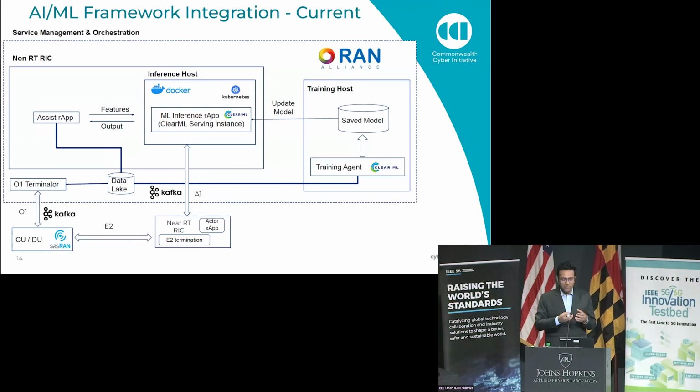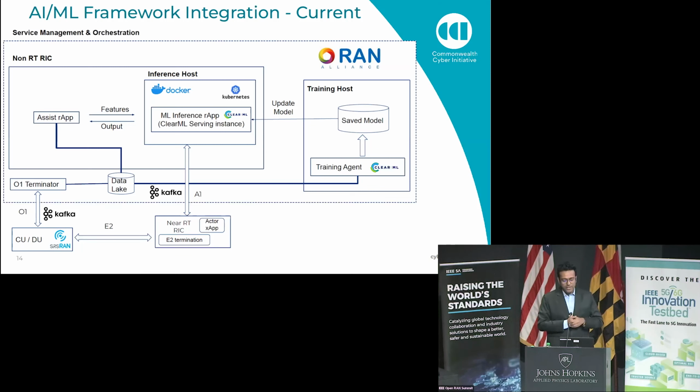For example, if you are storing the whole data in the data lake and you are using supervised learning, you have to convert that data to the required features that will be fed to the inference. The assist rApp does that job. In the case of supervised learning, it converts your input data to features, or in the case of reinforcement learning, it converts the input data to states. That is the job of the assist rApp.